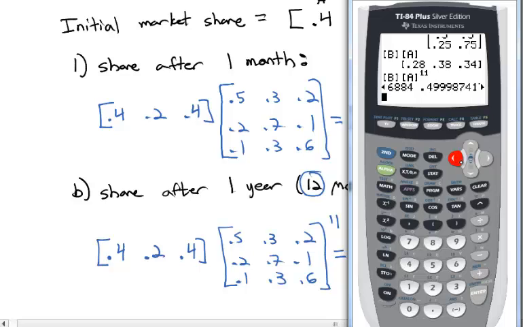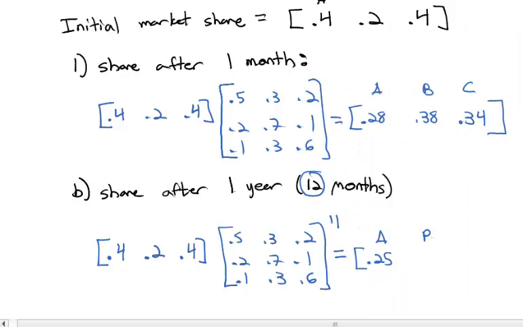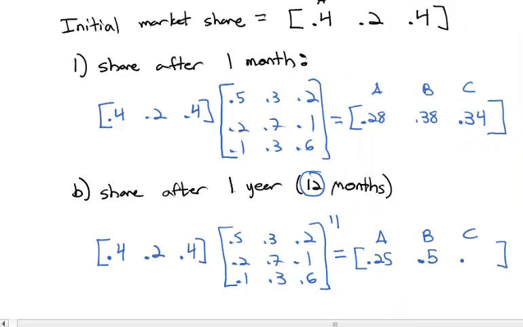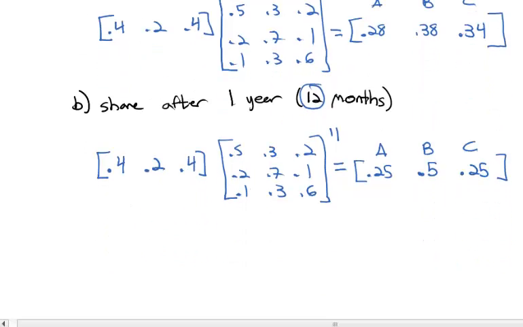So that's going to actually round up to 0.5. B is going to have about 0.5 of the market share. And C, 0.2500, so that's just 0.25. So after 1 year, A has 1/4 of the market share, approximately. B has 50%, and C also has 25%.